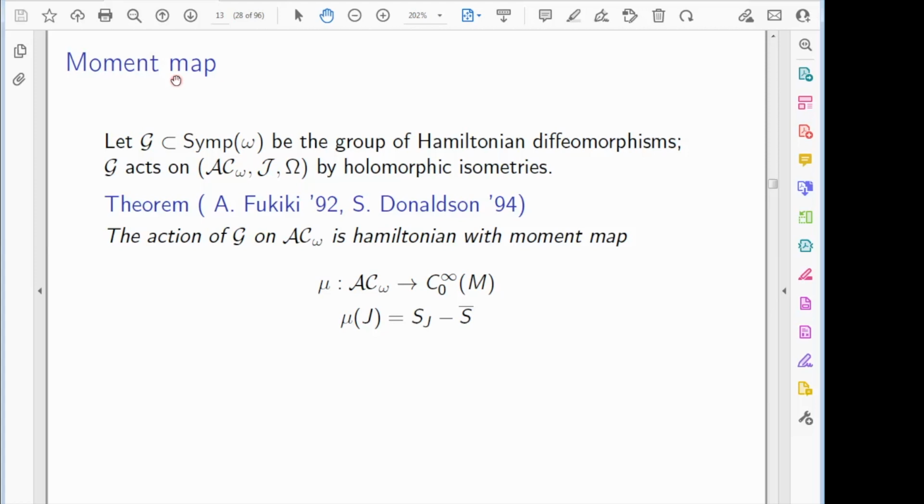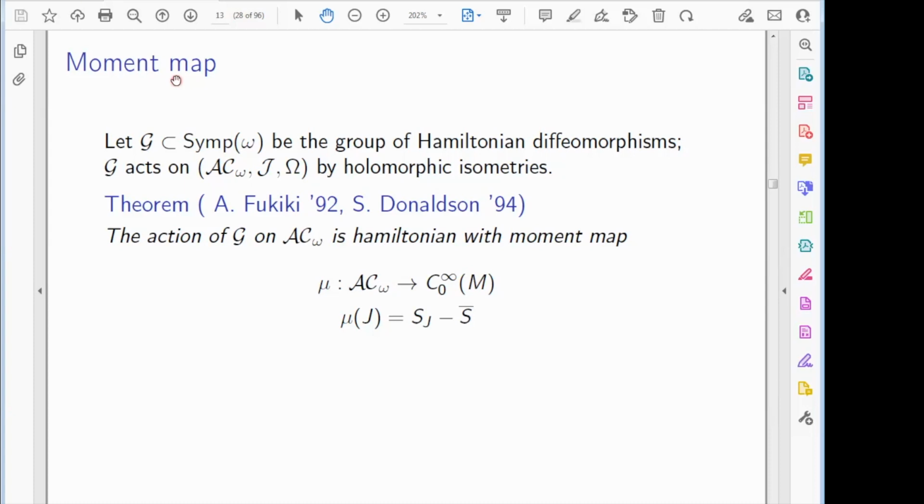So then this is a subgroup. You can show that they're both infinite dimensional Lie groups. In this situation, every symplectic vector field is Hamiltonian if the first de Rham cohomology is 0.